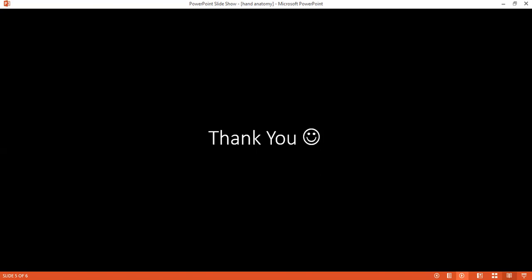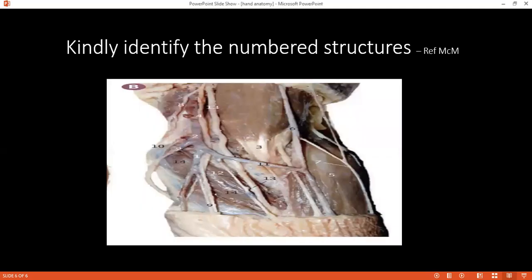Why? For the thumb, there is another extra movement which is opposition. Yes, ma'am, that's why. So opposition. Okay. Good. So you mean it is true that the movements of the hand and that of the thumb are equal.